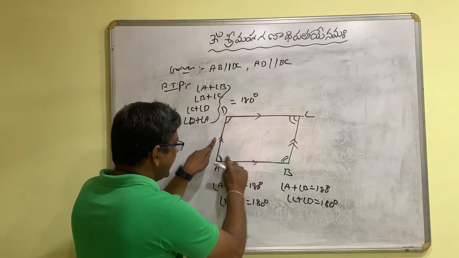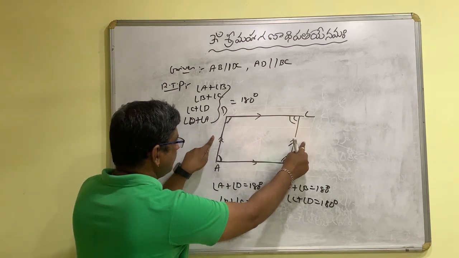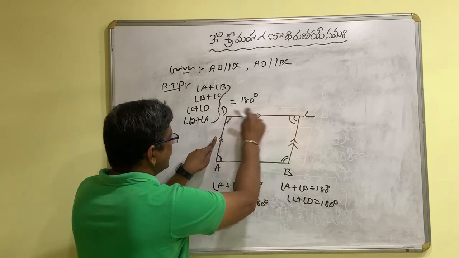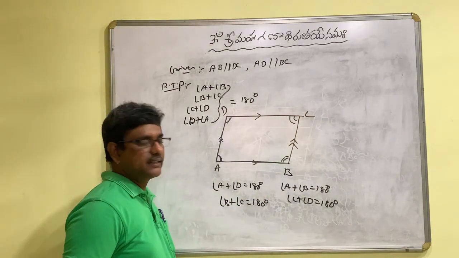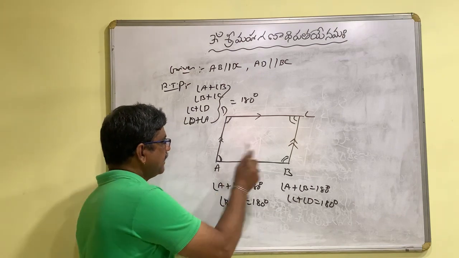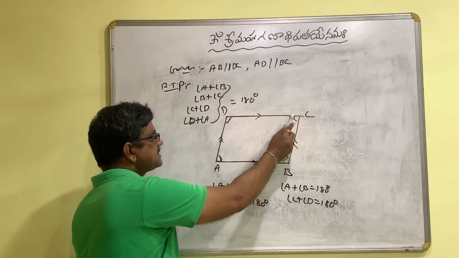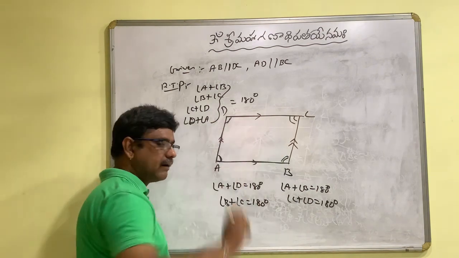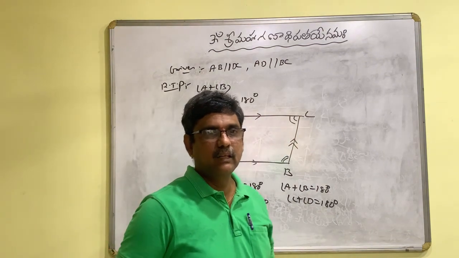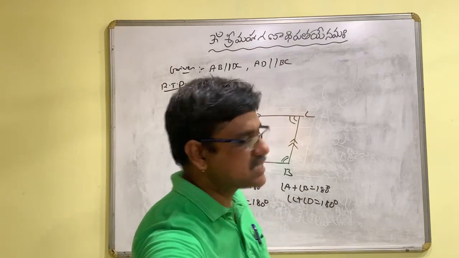So sum of these two 180. And these two are parallel lines, this is transversal. So sum of these two 180. So with this what we can say? Angle A plus angle B 180, B plus C 180, C plus D 180, D plus A 180. Okay right? So fourth property is proved.